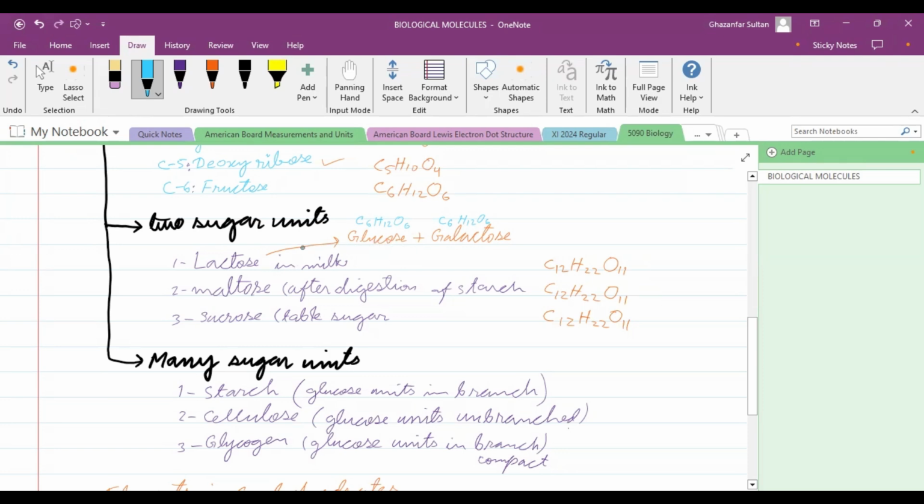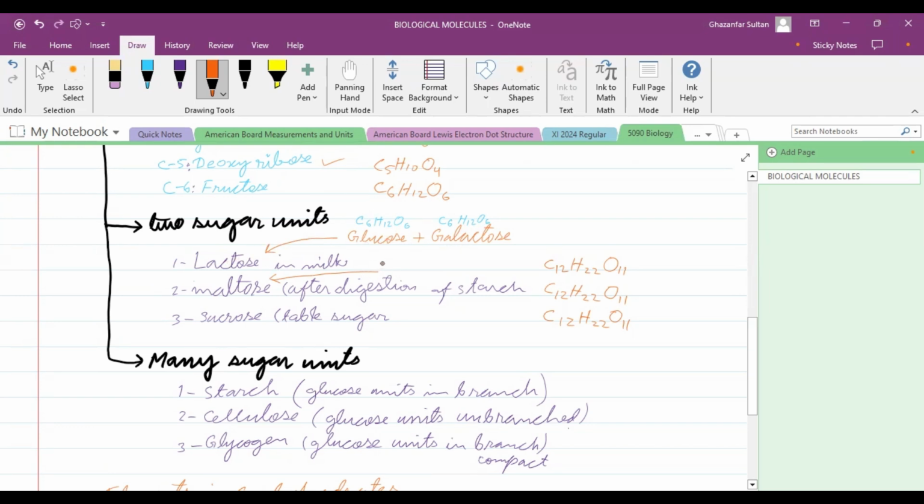You just remember the name that lactose is composed of these two sugar units, glucose and galactose, and maltose consists of 2 glucose units. When one glucose and one galactose combine, they form lactose.